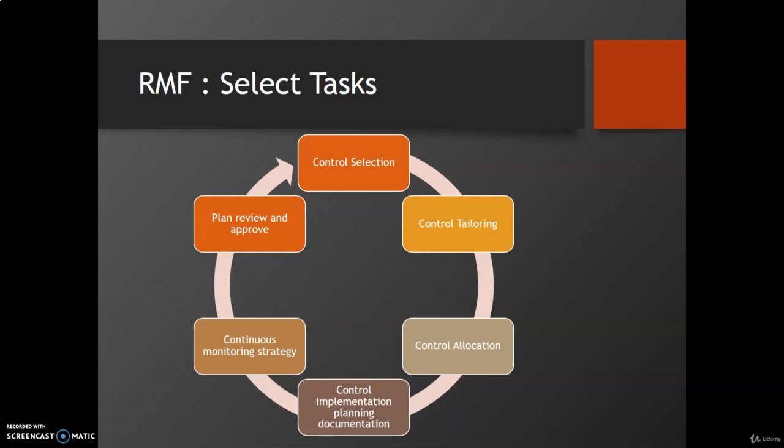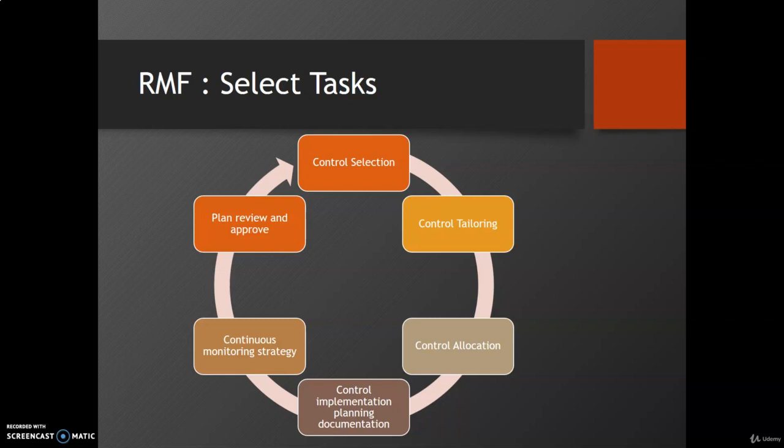The control documentation describes how system-specific and hybrid controls are implemented, and plans and exceptions regarding the functionality of the system. Those controls are implemented in the hardware, software, and firmware components of the system. Common controls are also identified in the plan. So now we have identified and documented the controls as well.